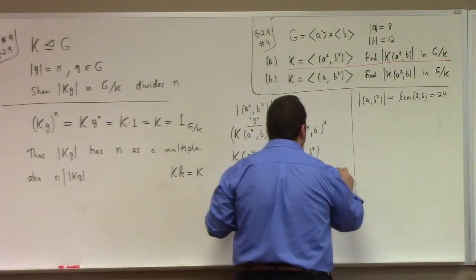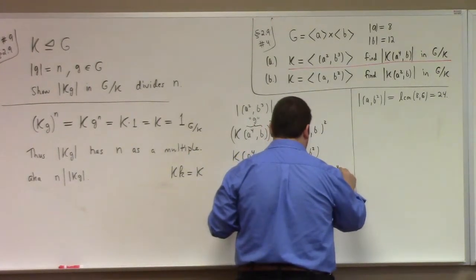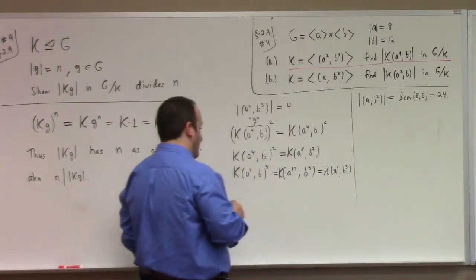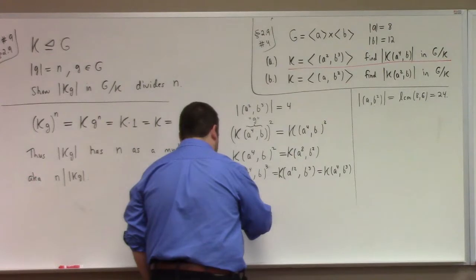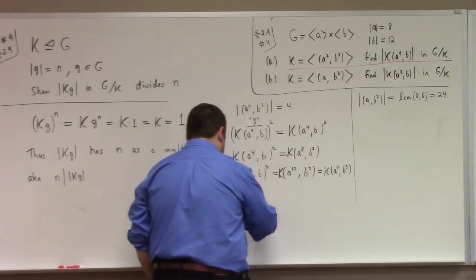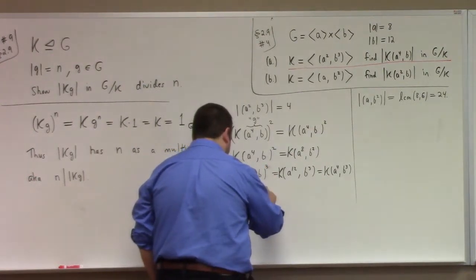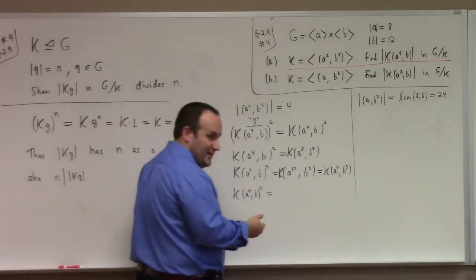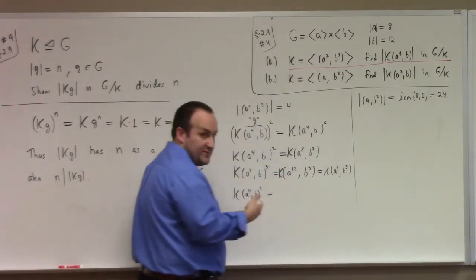That's K. You say a to the 4th, b cubed. Okay. So what's 4 is a possibility, right? I mean, it's possible. It may not be the actual one, but in principle, it's a divisor of 12.